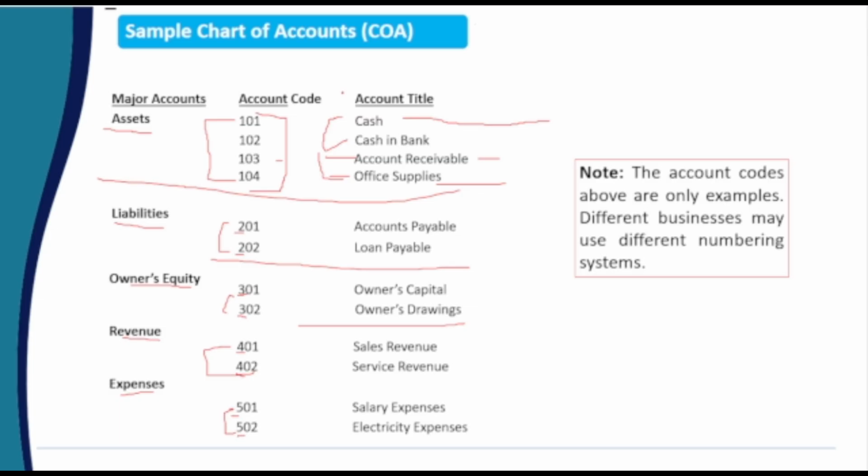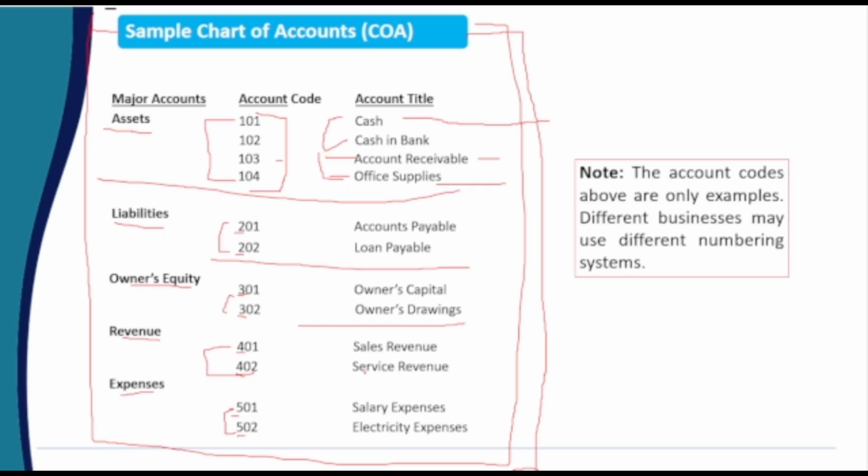Ito yung example natin na charts of account guys. So, before ka mag-operate sa business mo, make sure na na-analyze mo na yung charts of accounts mo. Para, if magkaroon ka ng transactions, madali na lang. Madali ka na lang mag-post kasi already set up na yung charts of accounts natin.